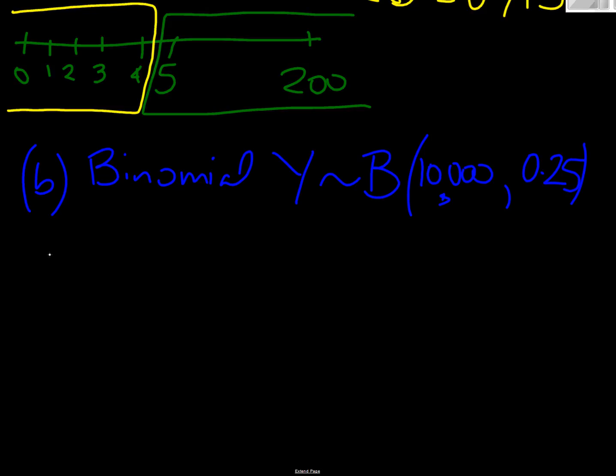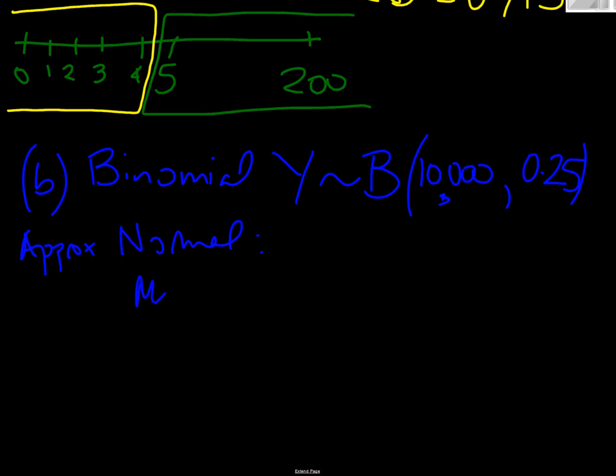So if we were going to approximate with a normal, we need to get into a standard normal. We're going to have to start constructing our standard normal. So what do we need in order to construct our standard normal?